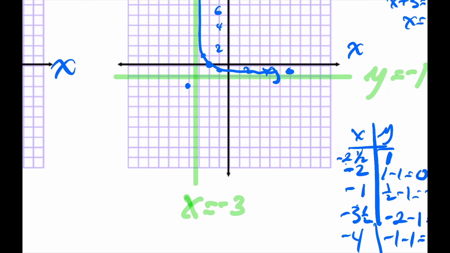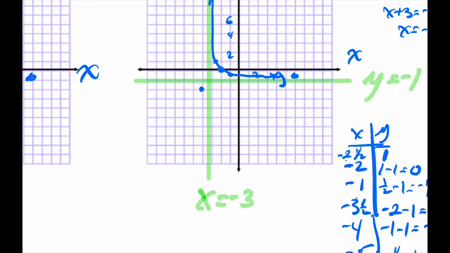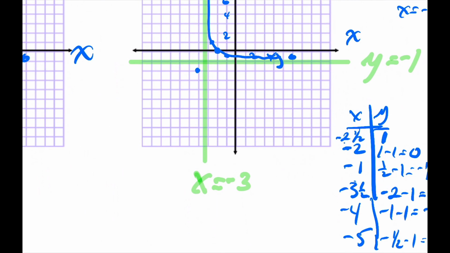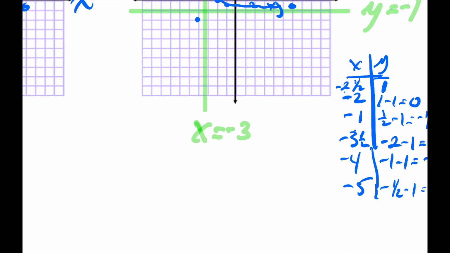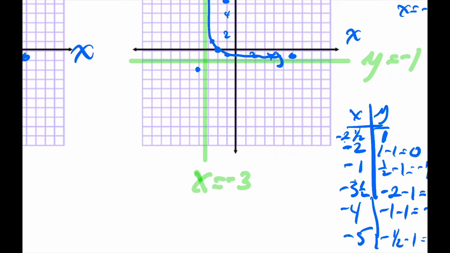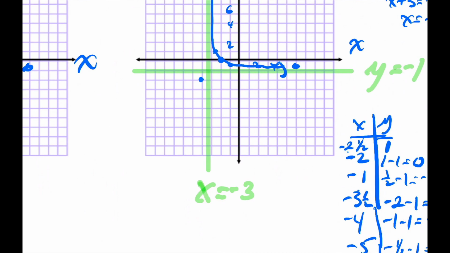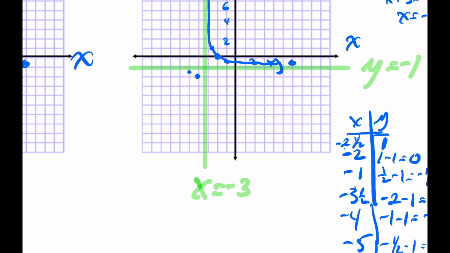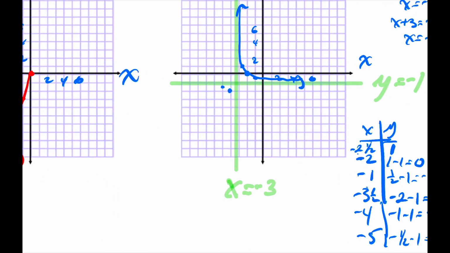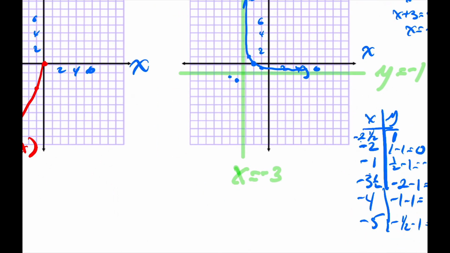It looks like it's really close to the asymptote, but only because I sort of missed the line by a little bit. The next point we'll want to plot is negative 5, negative 1 and 1/2, which would be right there. And then negative 3 and a half and negative 3 will be somewhere down here.